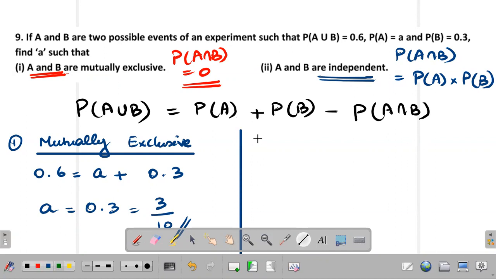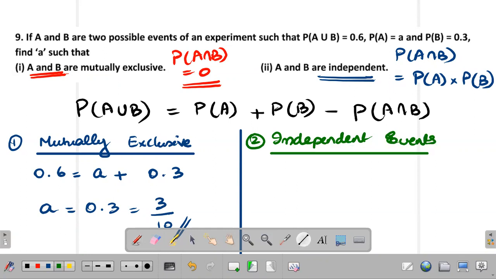Now let us focus on the second scenario wherein the events are independent. There you are going to use the next equation which I have written there.